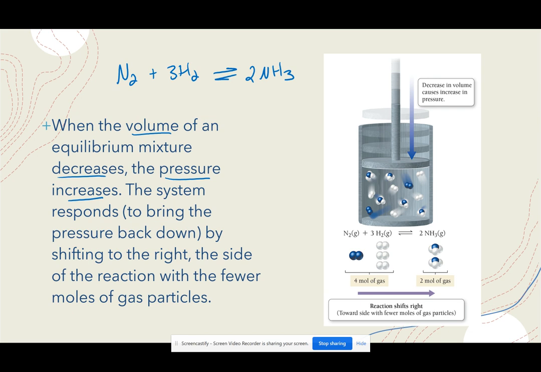If I look at my balanced reaction, adding up my coefficients, on my reactant side I have 4 gas particles, and on my product side I have 2 gas particles. So when the volume goes down, which means the pressure goes up, in this case I'm going to shift to the right because that is going to bring the pressure back down. So I'm going to shift to the side with fewer gas particles because, again, fewer gas particles means lower pressure.